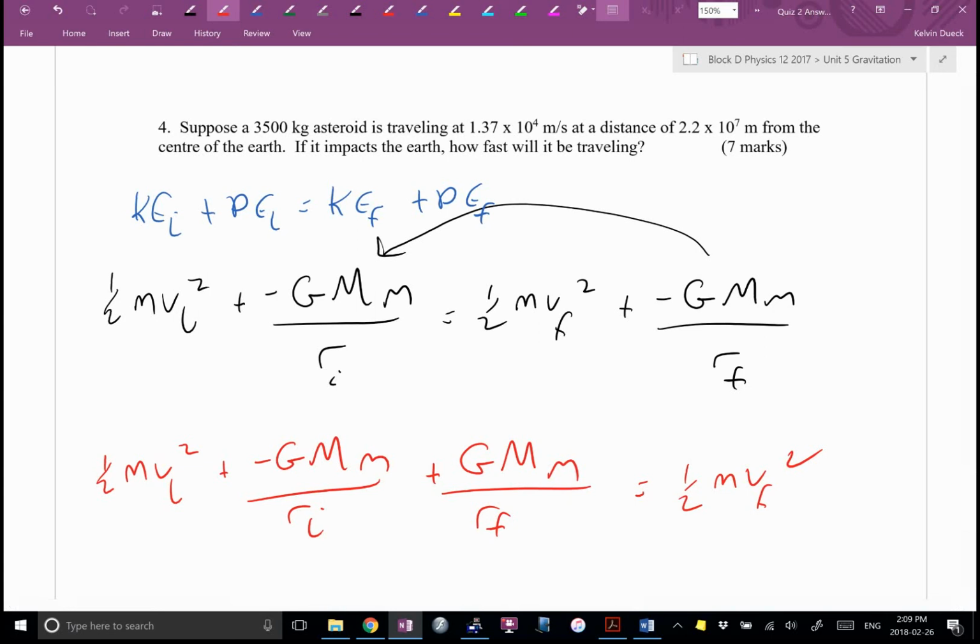Did I make a dumb mistake somewhere? The little m's cancel. I could have done that on the previous line, couldn't I? That would have been clever of me. Maybe now I will get V final by itself.